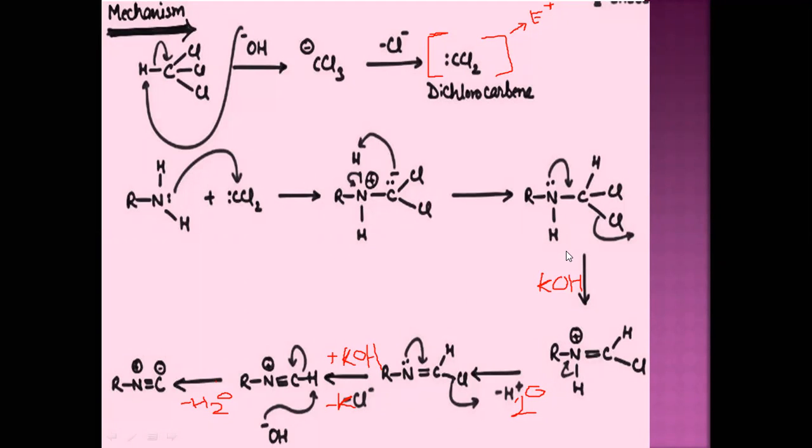Then one by one addition of KOH, meaning attack of KOH by abstracting a hydrogen atom, and by removing the Cl group as a better leaving group, we get the final product as R-N triple bond C. That means isocyanide as the product.